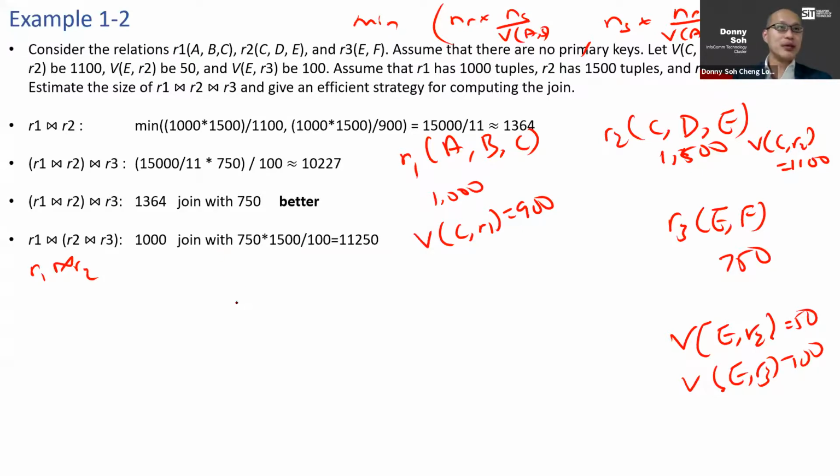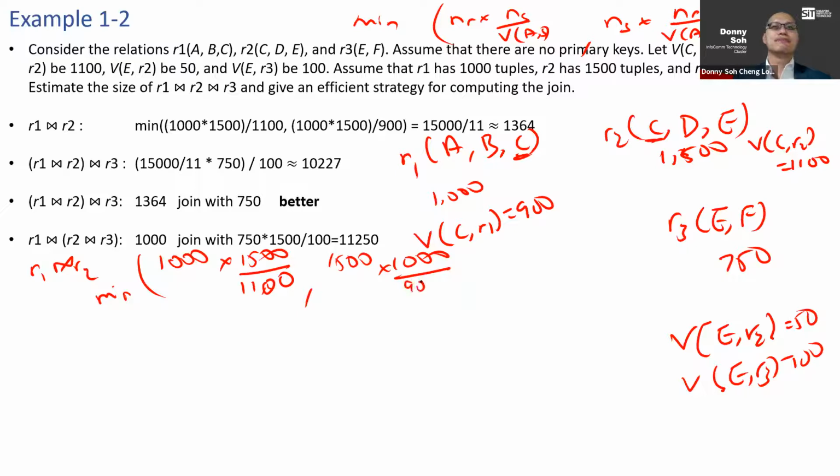So we have 1000 times 1500 divided by 1100, since we are joining based on the attribute C, and the converse will be 1500 times 1000 divided by 900.